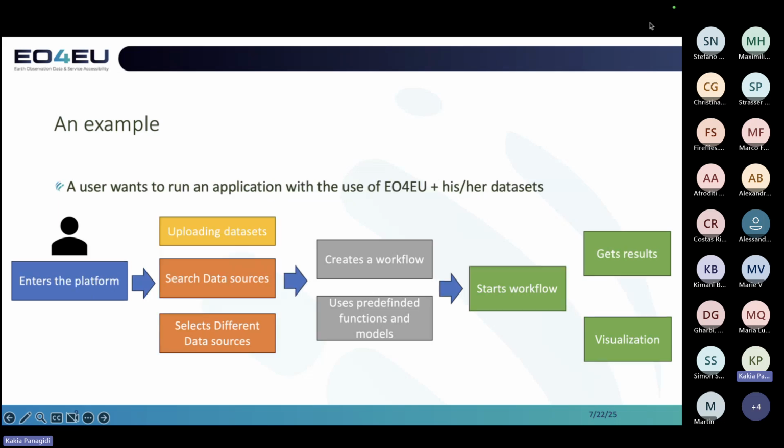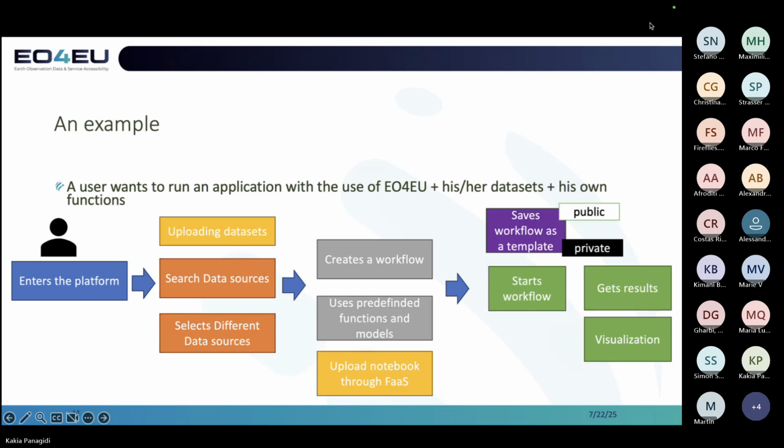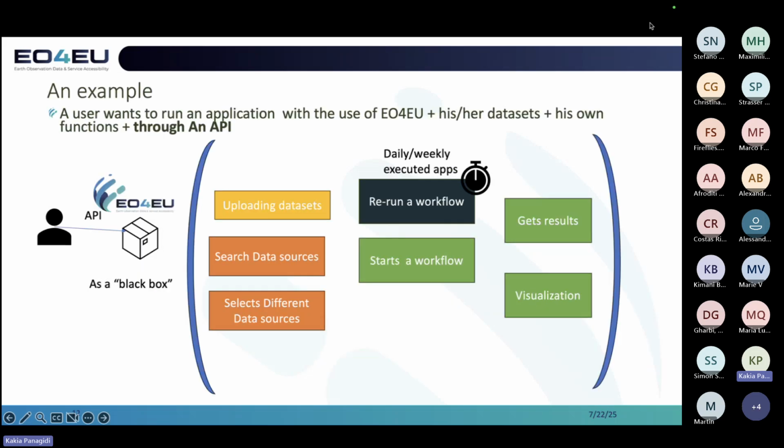Another option is to enter the platform, upload his own dataset as in situ data together with other data sources, create a workflow and start it. Or he can create his own notebook through FaaS, function as a service, and run his own processing capabilities.